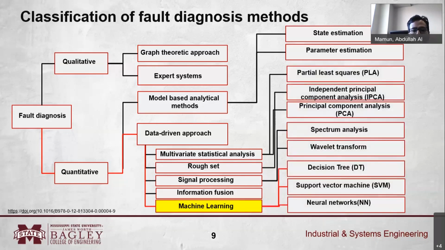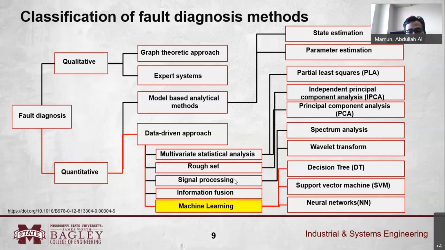Multivariate statistical analysis involves several methods, like partial least squares, principal component analysis, and others.